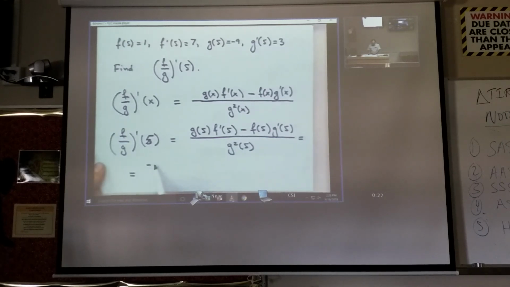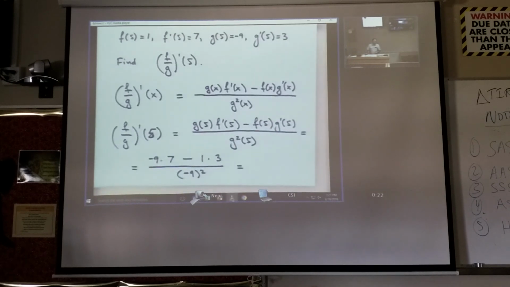So we get negative 9 times f prime of 5, which is 7, minus f of 5, which is 1, times g prime of 5, which is 3, over g of 5 squared. g of 5 is negative 9, and we square it. Very simple setup, as long as you take the derivative right.